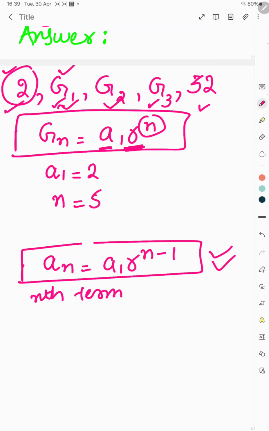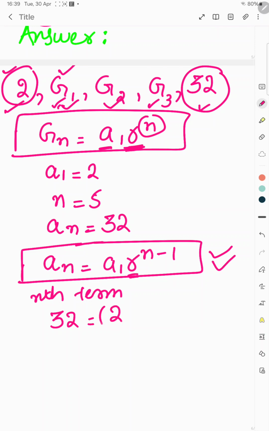Now I will find the value of R. For this I just use the nth term formula, and I will put all values in this formula. Student, one more thing, in this sequence the last term is also given, so I will write An is equal to 32. So just put all values in this formula: An is equal to 32, A1 is equal to 2, R I have to find, and n is equal to 5.